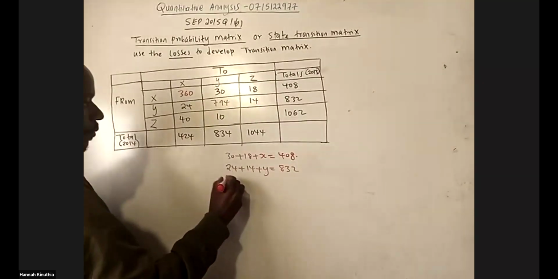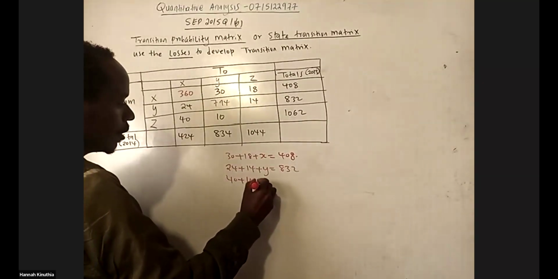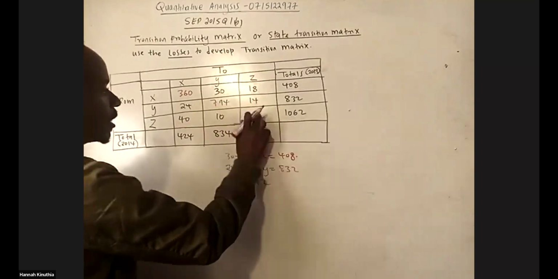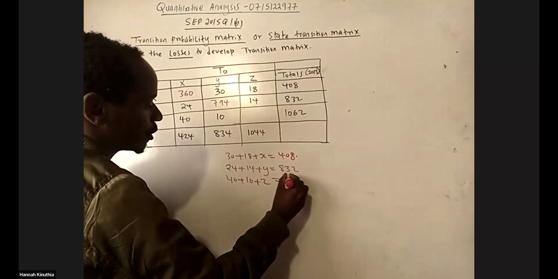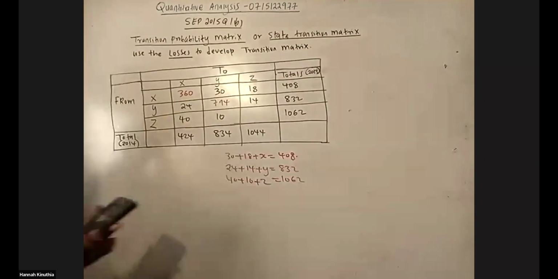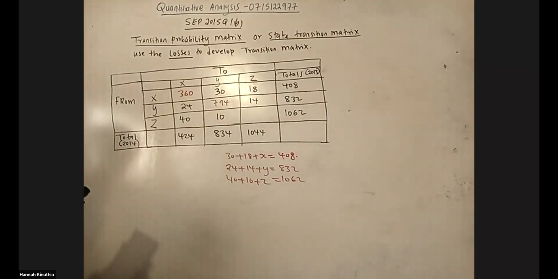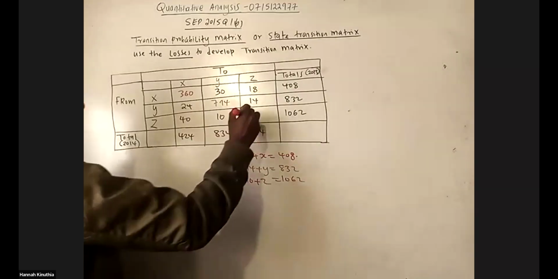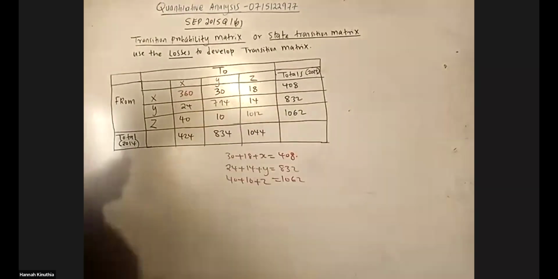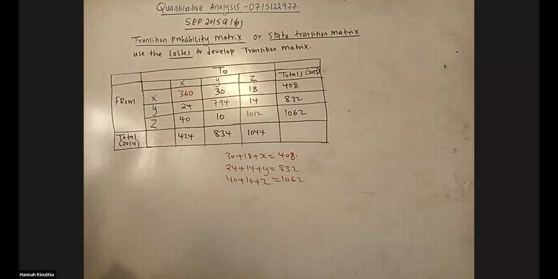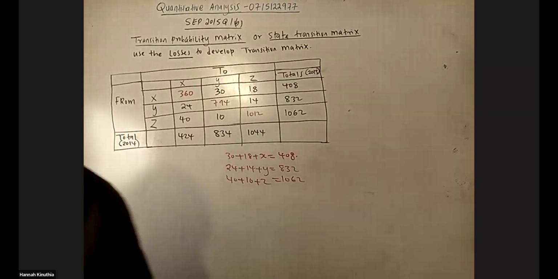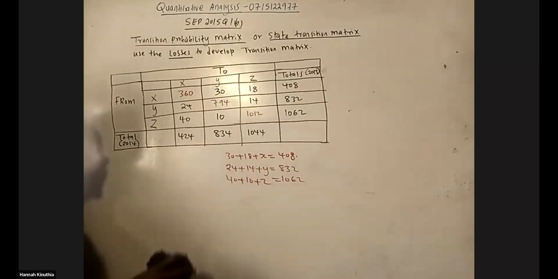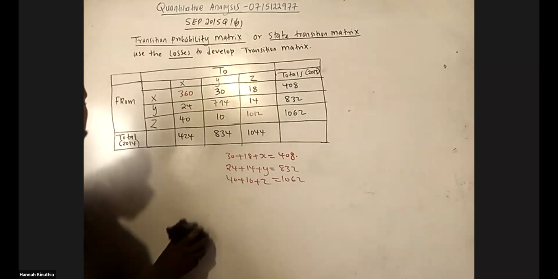Then 40 plus 10 plus z, which we don't know, is equal to 1062. It will be 1062 minus 40 minus 10, which is 1012. That one okay? Are we okay? Yes, up to there.